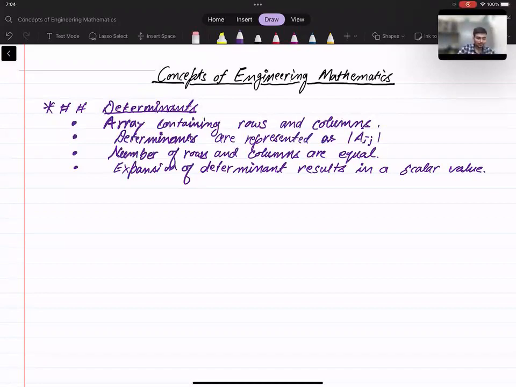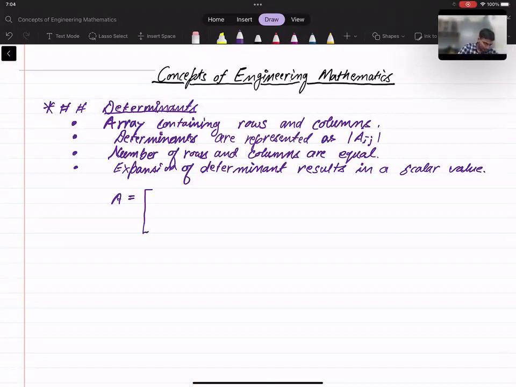For now, let us take a matrix A. We'll see what we mean by matrices and how they are represented. But for now, let us say we have a square matrix A. We will see what we mean by a square matrix and even what is meant by a matrix.